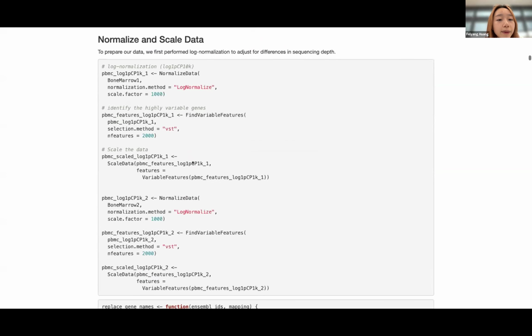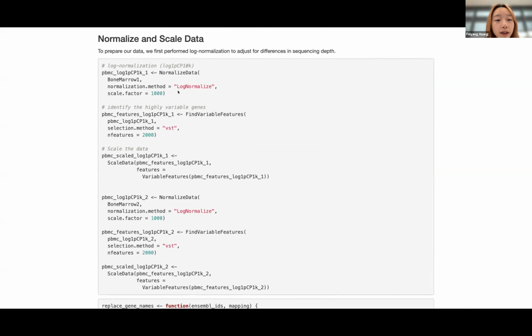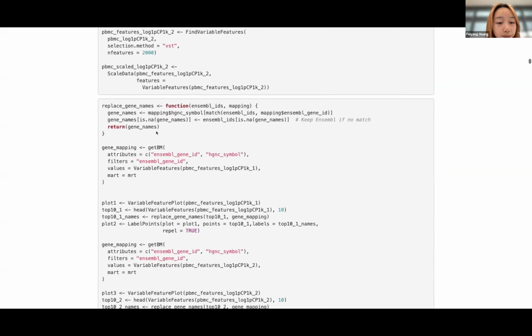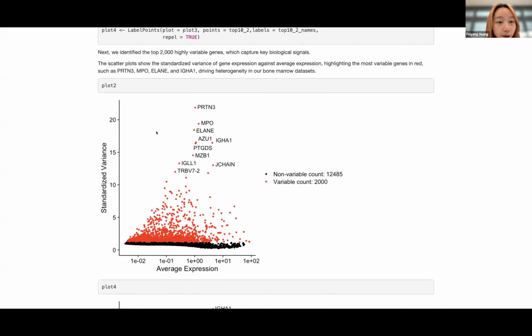And then to prepare our data, I first perform log normalization and scaling of the data, and also identify the top 2,000 highly variable genes, which capture the key biological signal in our data.